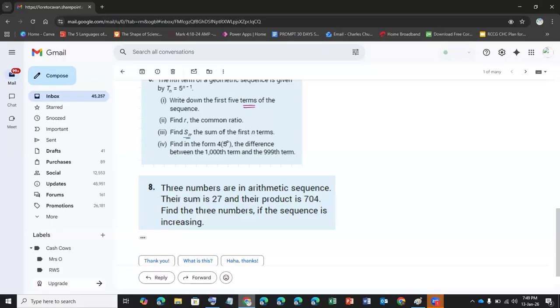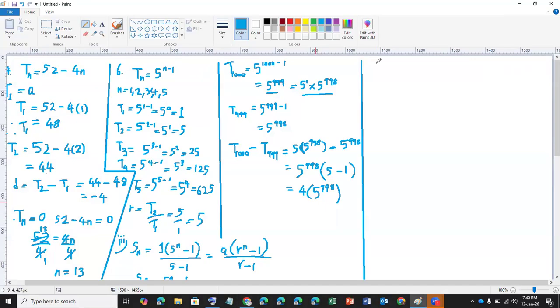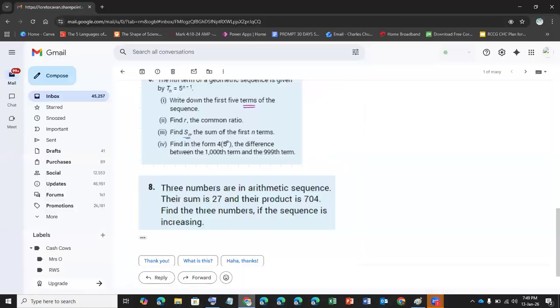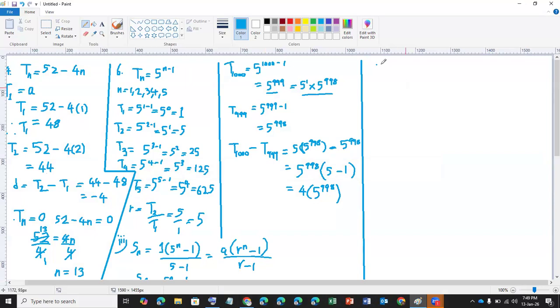Their sum is 27. They didn't tell us the first term, second term, third term, so let me just start with x, comma, x plus b, comma, x plus 2b.